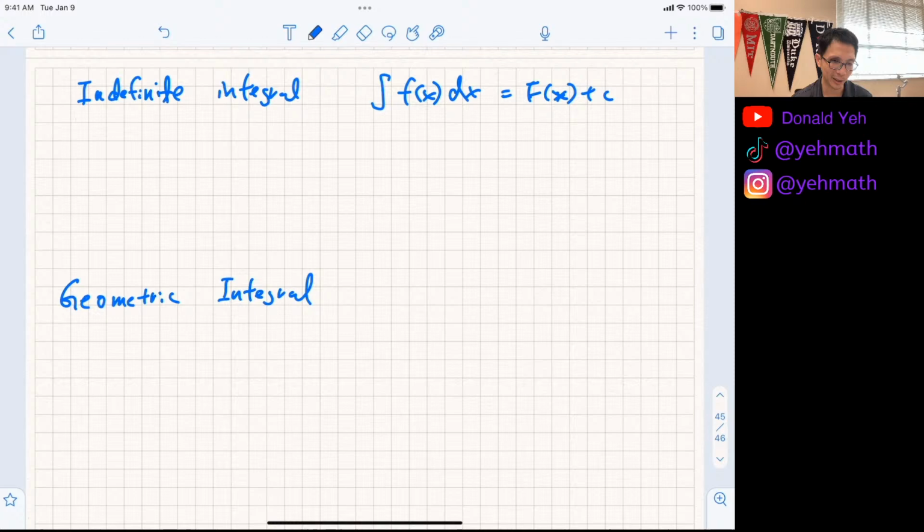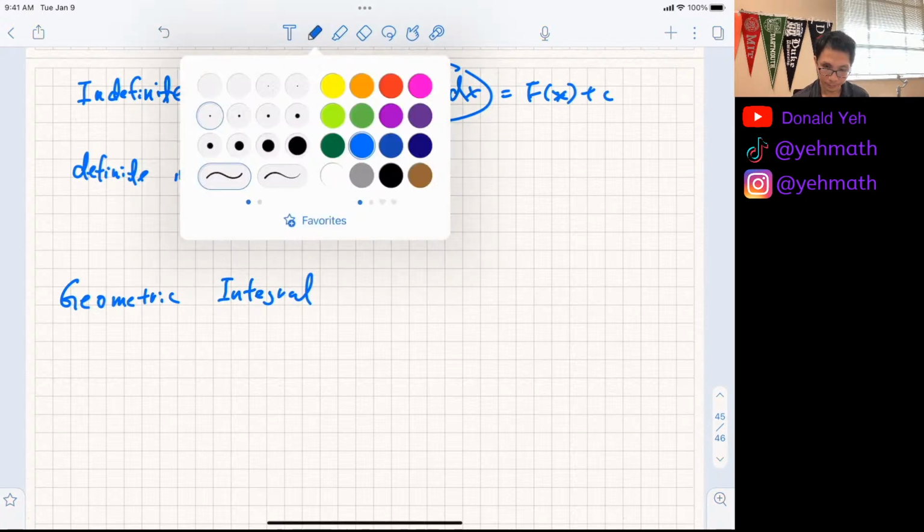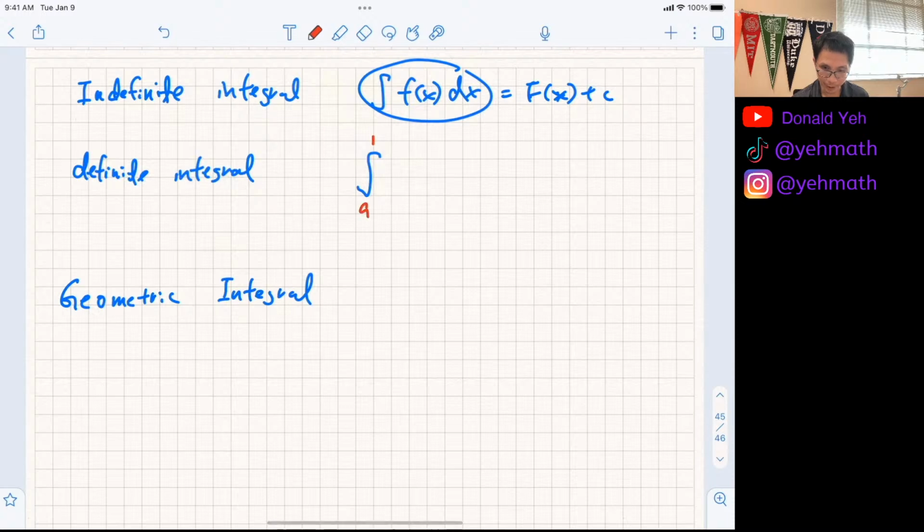The definite integral has one difference: there's a boundary. So there's a boundary from a to b, integral of f of x dx, and you will get a number.